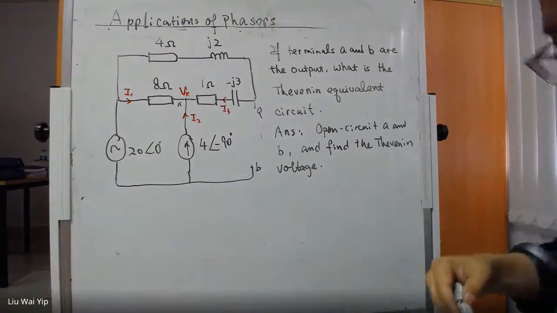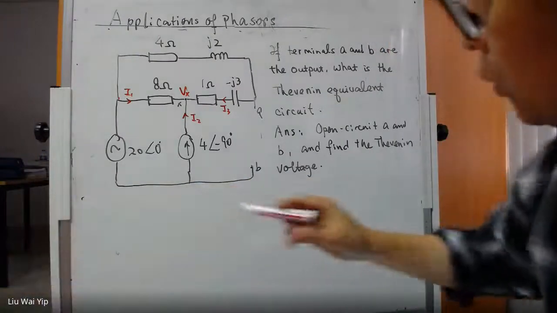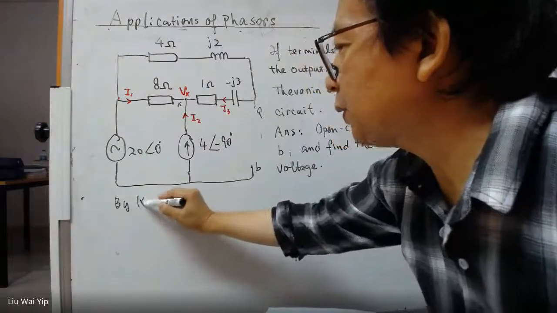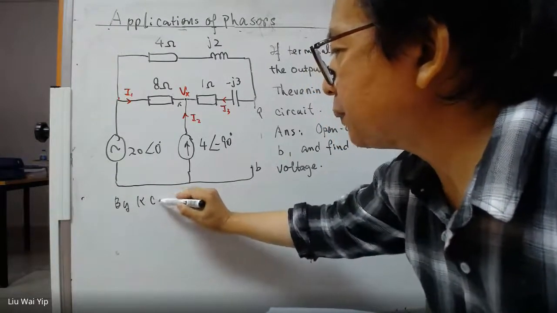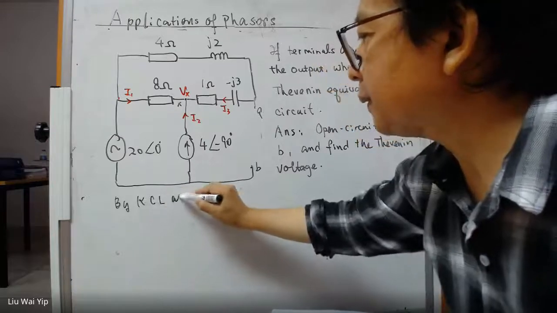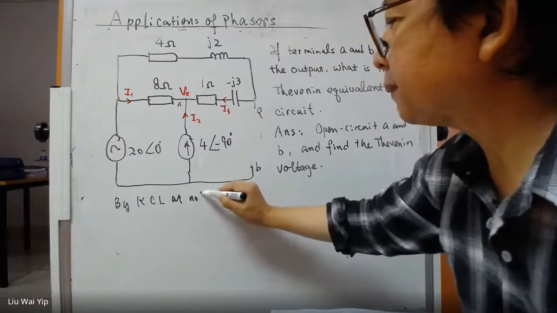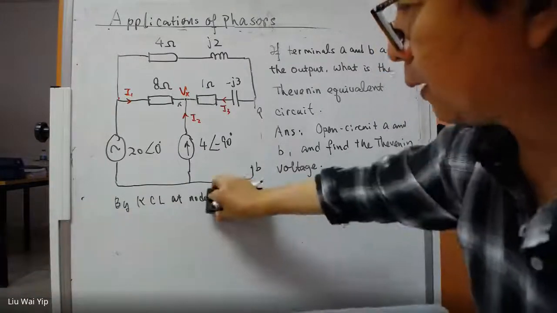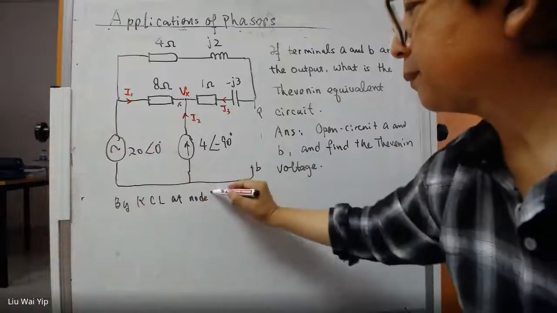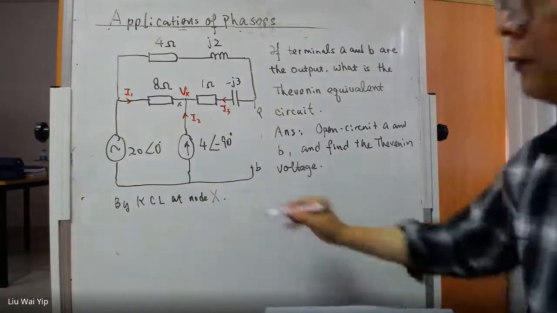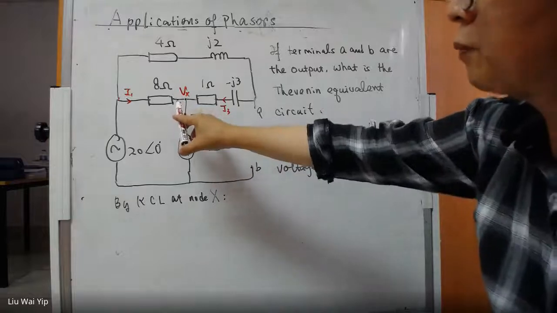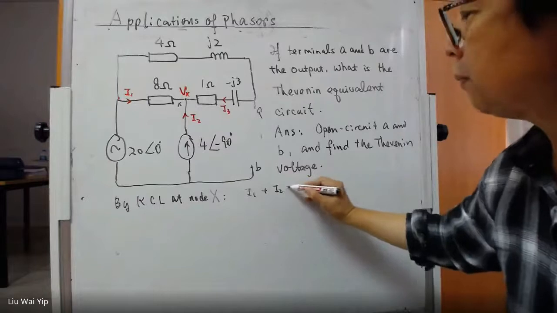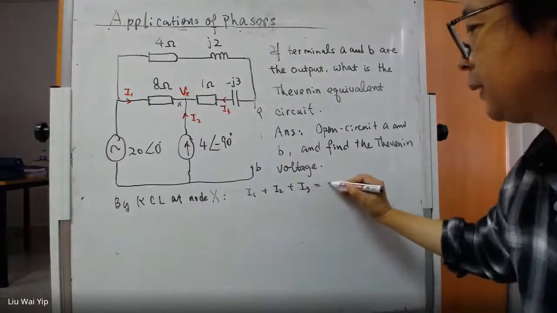By Kirchhoff's current law at node X, we have the sum of currents I1 plus I2 plus I3 equal to 0.